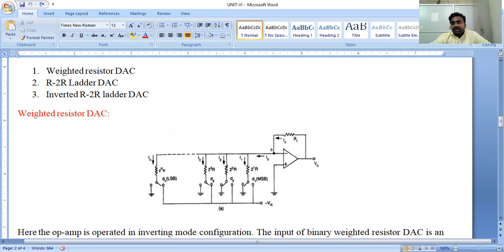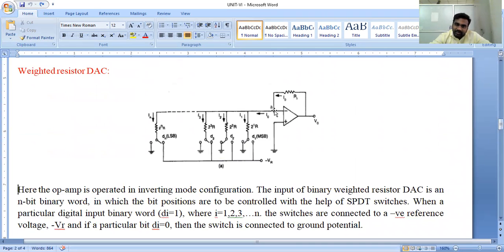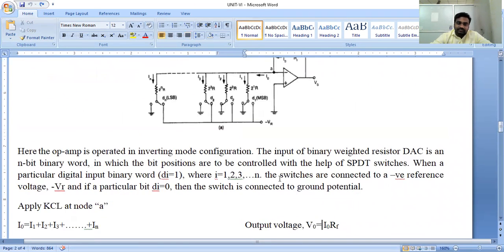Now for the mathematical analysis, at this particular terminal, the non-inverting terminal, if we analyze the KCL, what will be the input currents? I0 is equal to I1 plus the current flowing in the I1 resistance with respect to D1 MSB, the current flowing through the I2 resistance with D2, and the current flowing through the I3 resistance with D3.